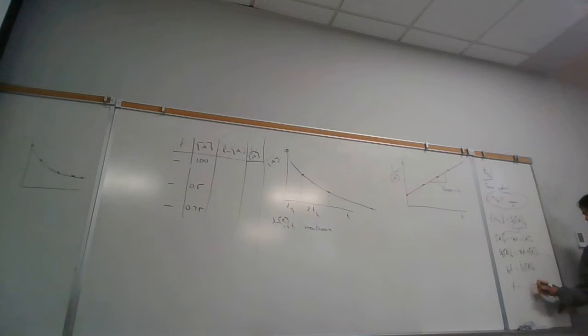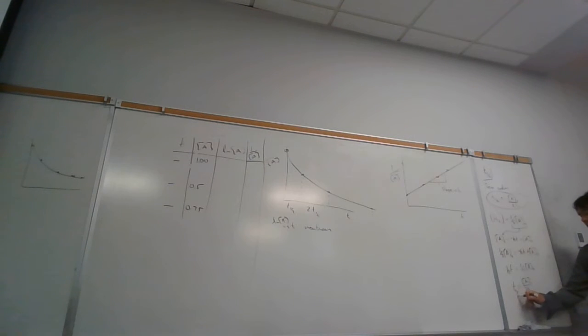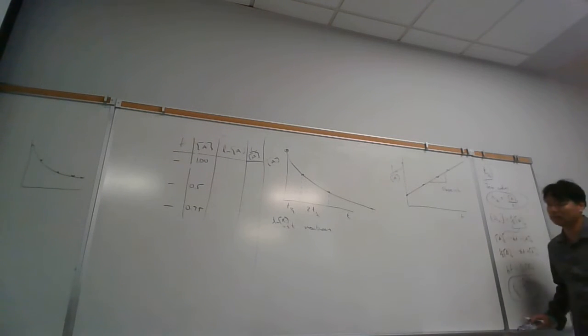T is going to equal, this is the way it's usually written, [A]0 over 2k. This is t 1/2. So k is a constant. So each successive half-life takes half as long as the previous one.